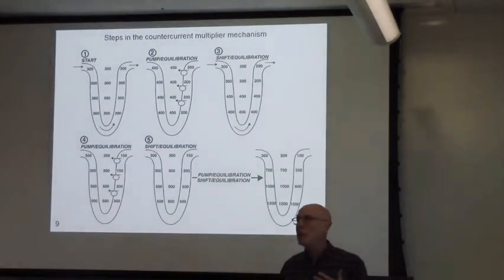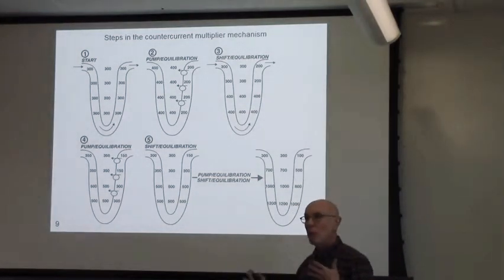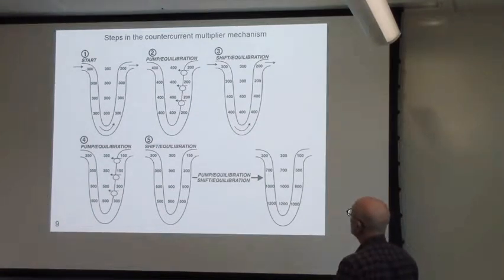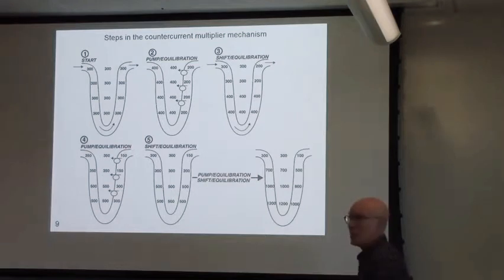High water permeability means that there's going to be an equilibration in the descending limb of the solute concentration. So the pump makes a hypotonic fluid, makes a hypertonic peritubular space, and then equilibration makes a hypertonic descending fluid.